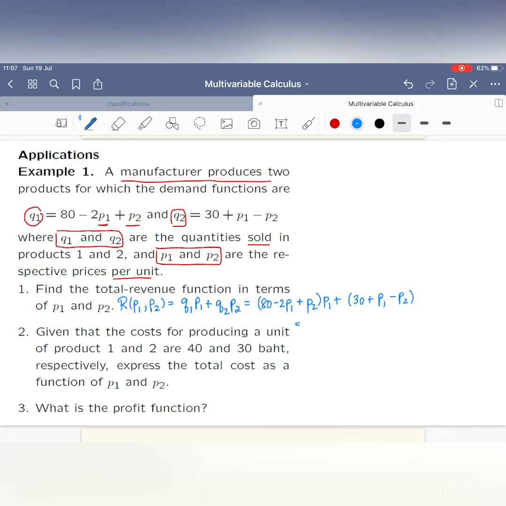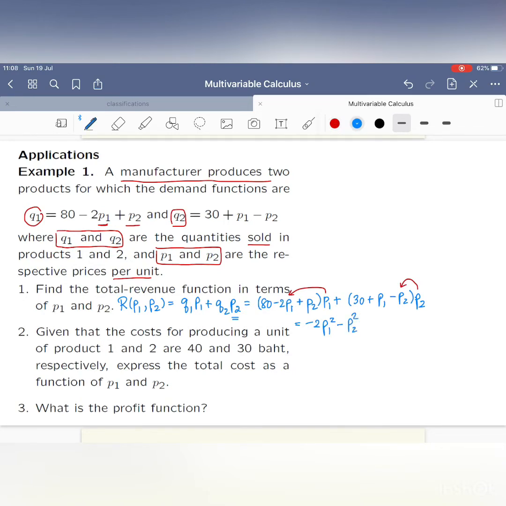And you can calculate it a little bit further to get negative 2 P1 square, you see here. Sorry, I forgot to multiply by my P2 here, and the second term you get is negative P2 square.